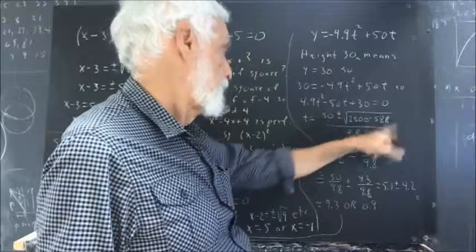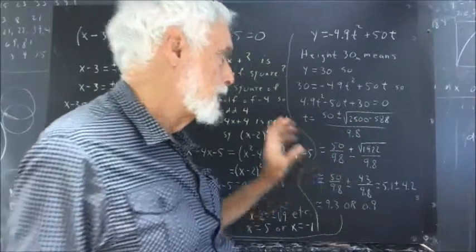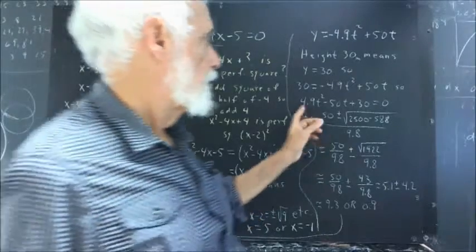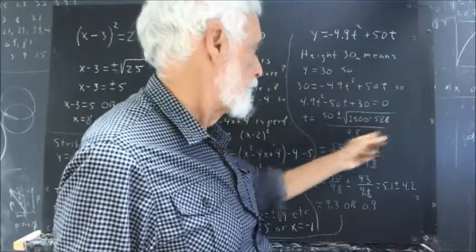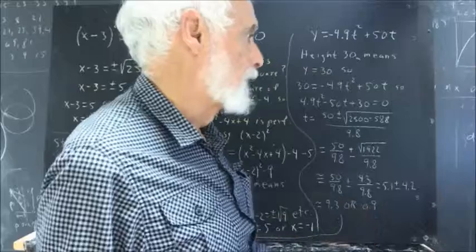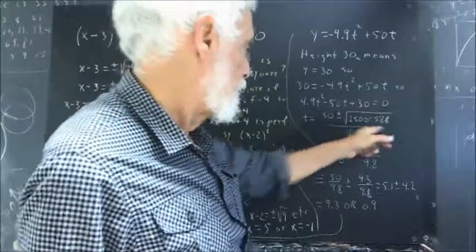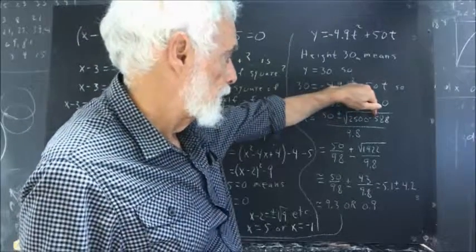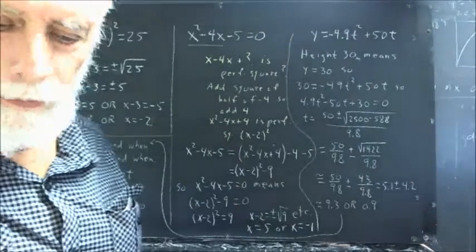Now you should, by now, be able to easily identify or verify by plugging these quantities into the quadratic formula yourself that this is what we get. Okay, well, 2500 minus 588, I believe, it's not 1922, it's 1912.